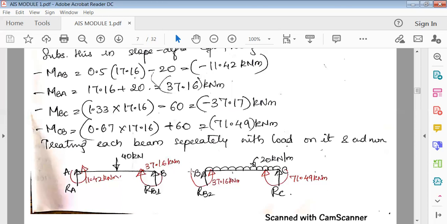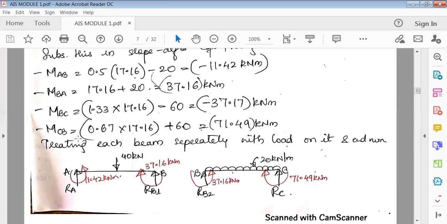Now BC: the moment is minus, so I've shown it anti-clockwise, with magnitude 37.17. Whatever is after the decimal point, you can take the same as it is.